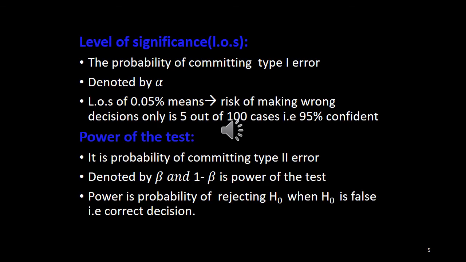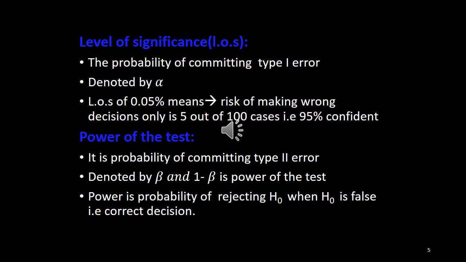Then in testing hypothesis we need the level of significance, the probability of committing type 1 error denoted by alpha. It means 5%, or 0.05, means the risk of making a wrong decision is only 5 out of 100 cases, while we are 95% confident.